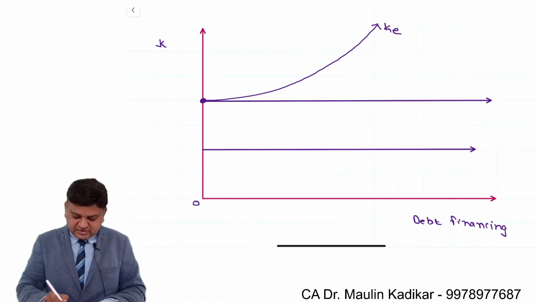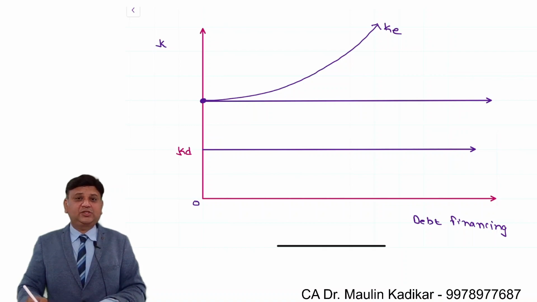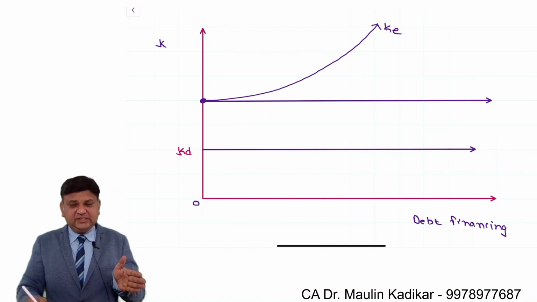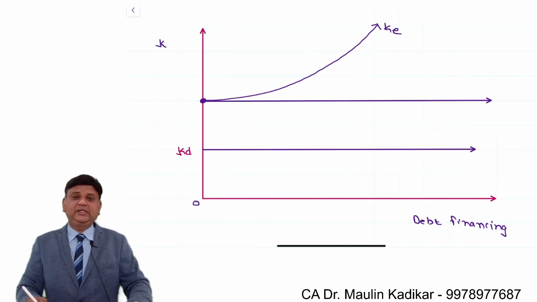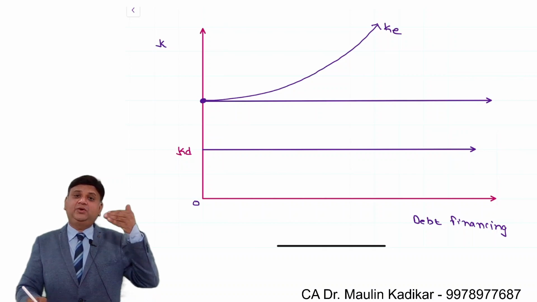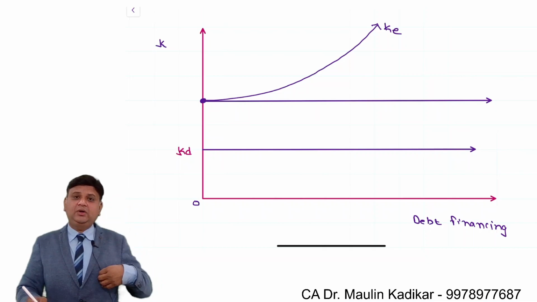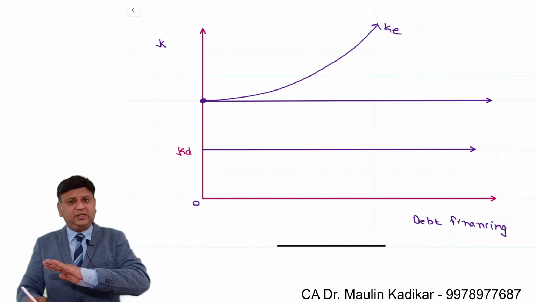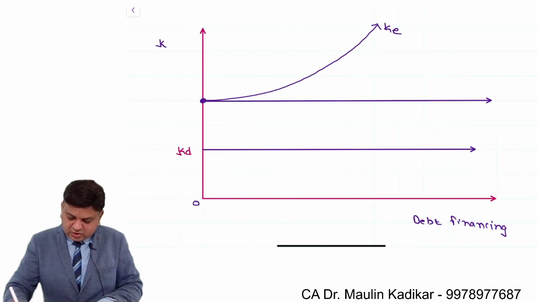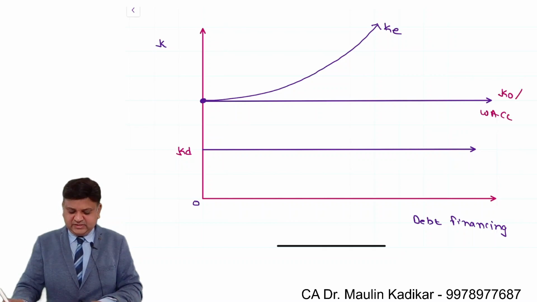This is what we understand: the cost of debt financing is going to be lower than the cost of equity. When there is an increase in the debt financing, the risk for the equity shareholder increases. So the cost of equity increases, and it increases in such a way that the benefit of raising debt financing is compensated, and the overall cost of capital or weighted average cost of capital is the same as it was otherwise.